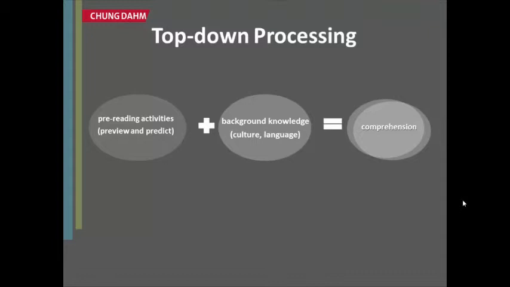Through using these two forms of knowledge, that is pre-reading activities and background knowledge, we make predictions and preview and ask questions that help us generate an understanding of the text.